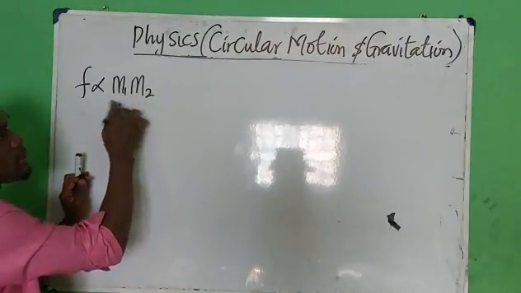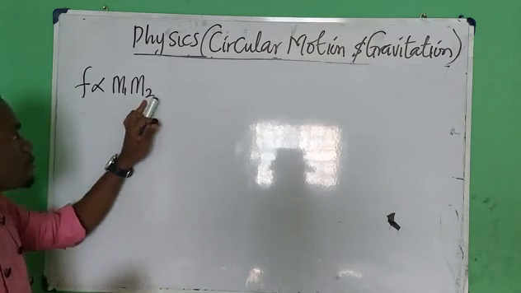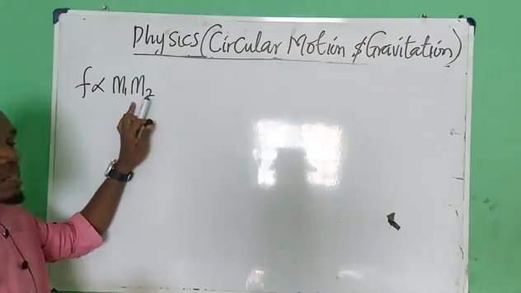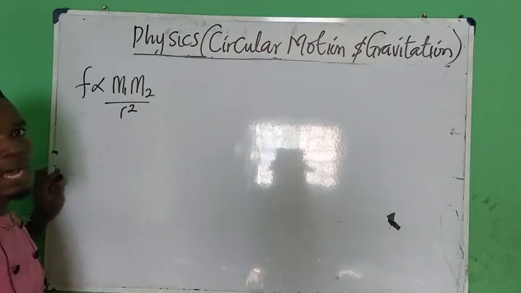You know m1 times m2 is the product. It is directly proportional to the product of the masses and inversely proportional to the square of the distance that separates them apart.